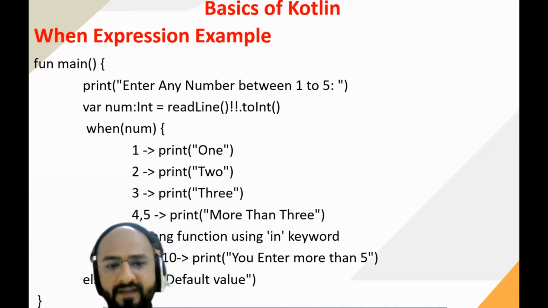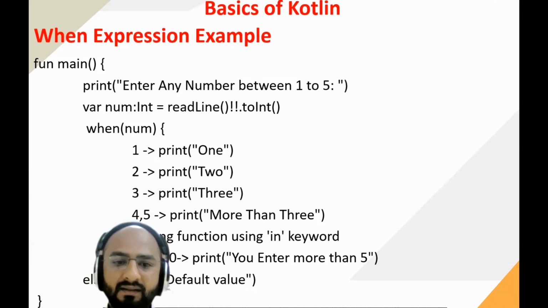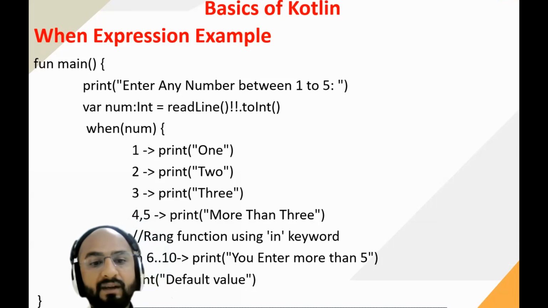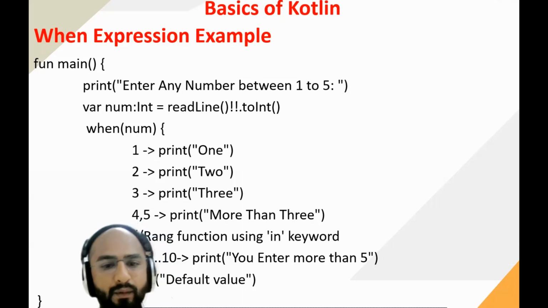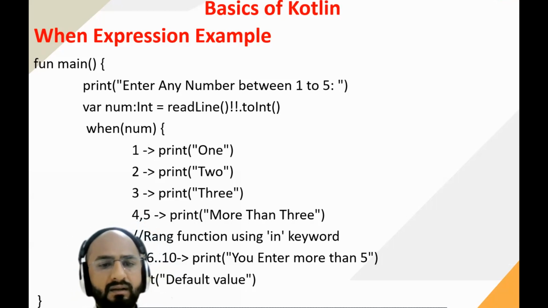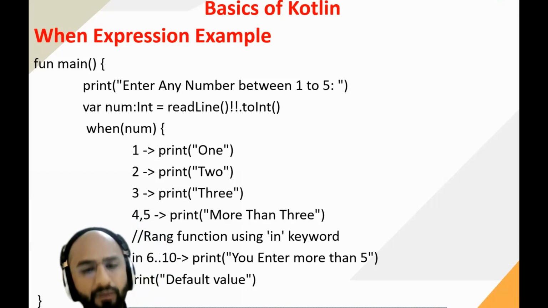See, first, second, and third, it is similar to C and Java. But Java and C do not provide multiple values. So, for example, I have written 4, 5. So if the number variable has 4 or 5, "more than 3" will be printed onto the console.